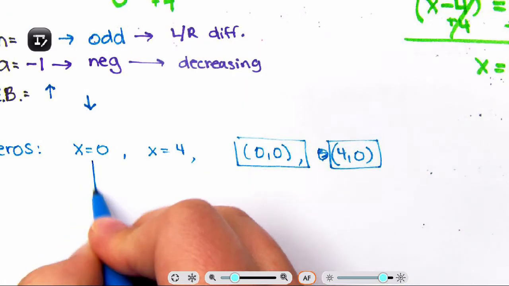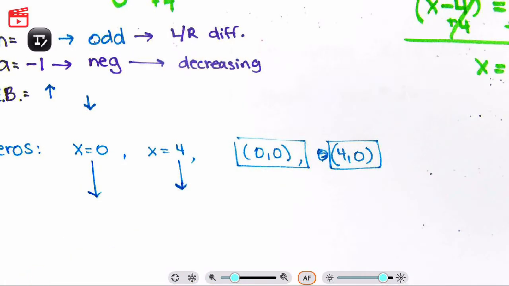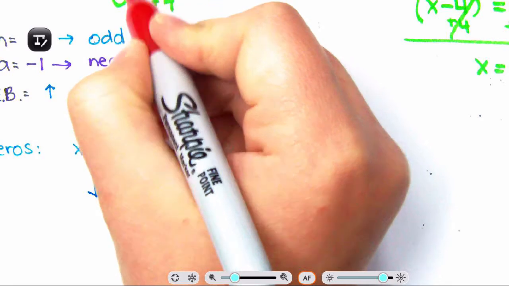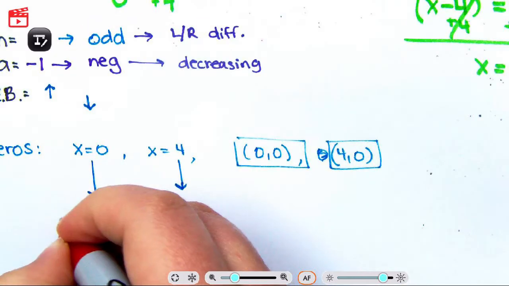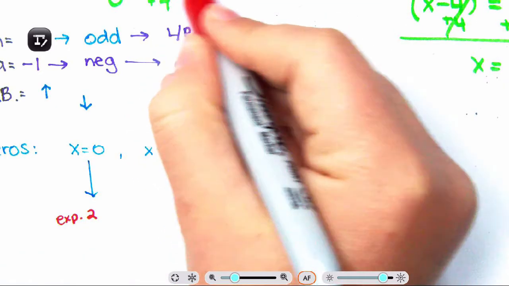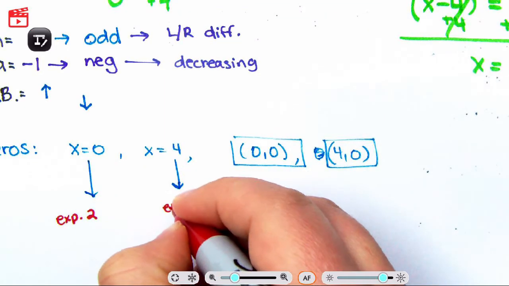Now we're talking about the behavior. We're looking at the exponent for each zero. This exponent right here for x with our 0, that is an exponent of 2. This one here for our 4 has an exponent of 1.